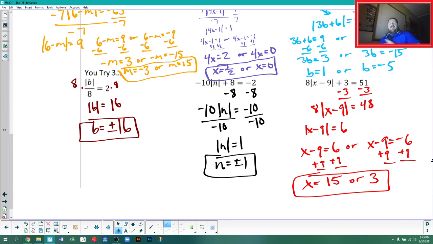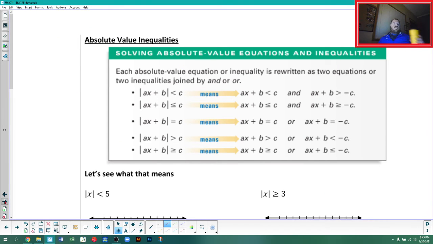Okay, so that's absolute value equations. We're going to move on to absolute value inequalities. So let's go ahead and take a look at what that looks like. Okay, we have some rules. Each absolute value equation or inequality is written as 2 equations or 2 inequalities joined by an and or an or.